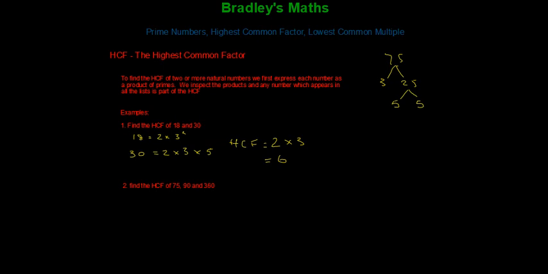So we have 3, 5, and 5, a prime number at the end of each branch. Okay, so 75 equals 3 times 5 squared.